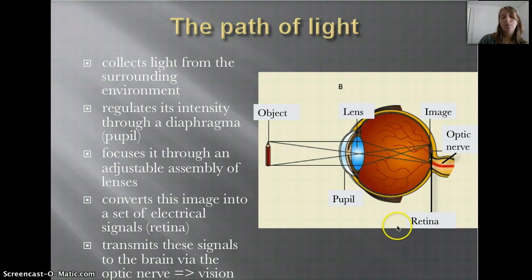The lens makes it able to focus on a certain object. Next, the image is converted on the retina, and the retina converts the image to a set of electrical signals. These signals are transmitted to the brain to allow vision.